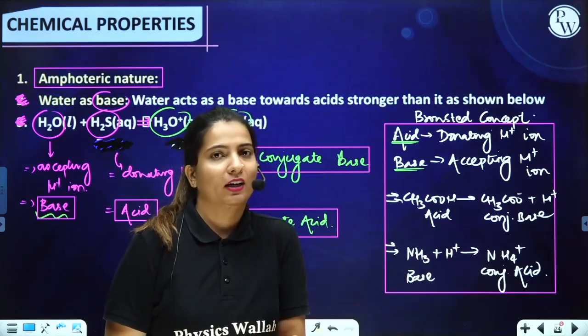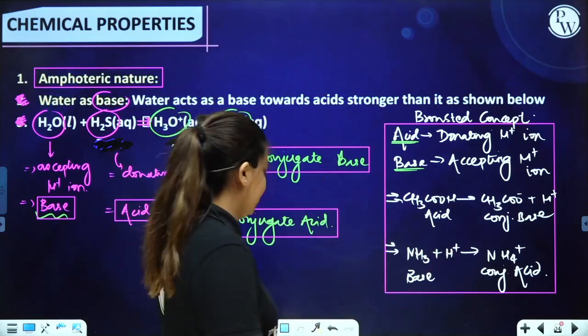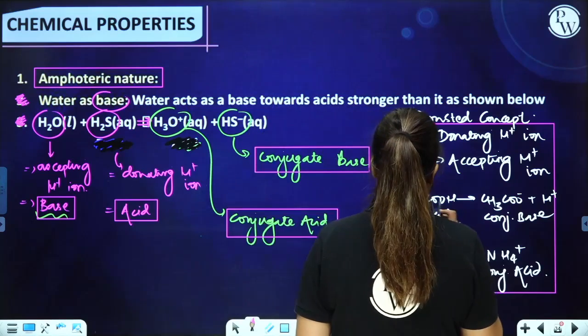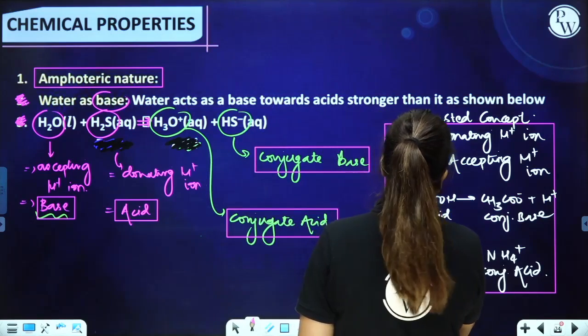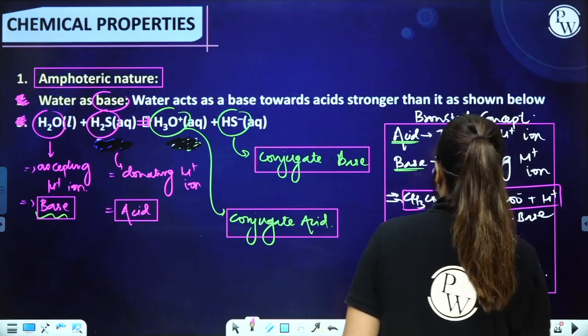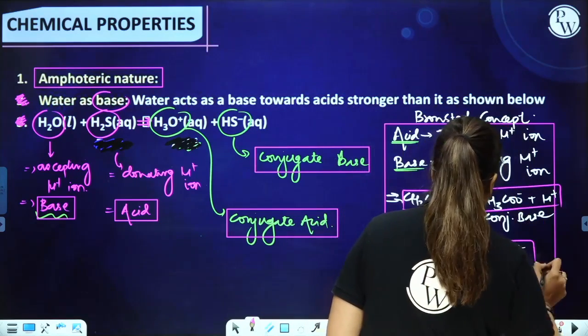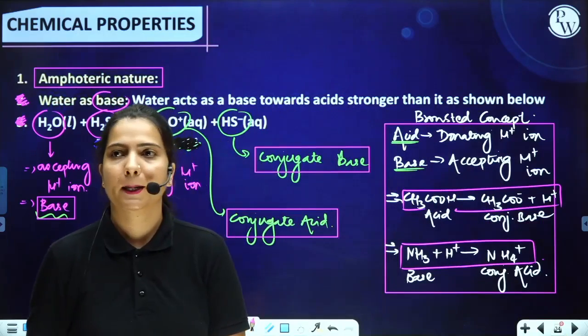So it can be called an acid. Since it comes from the base, it will be called a conjugate acid. So remember these things very nicely. This is being used in the equilibrium chapter also.